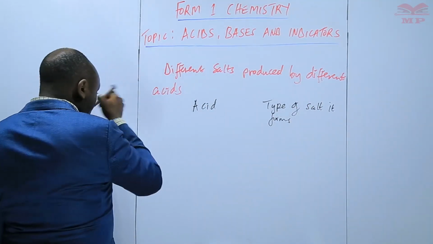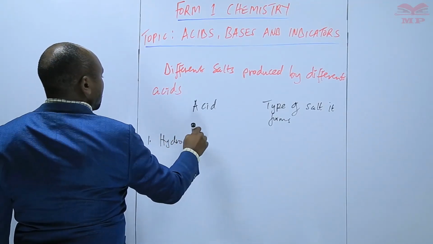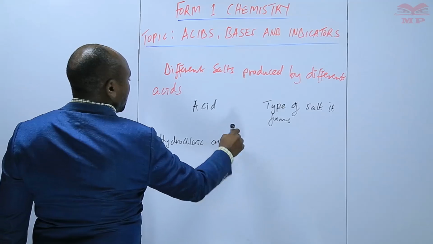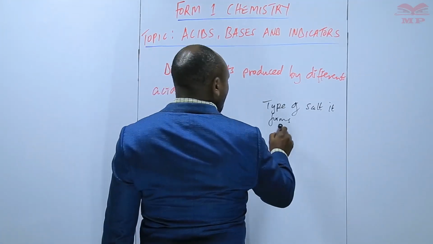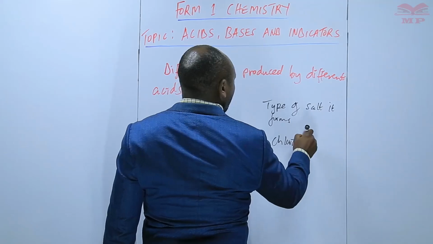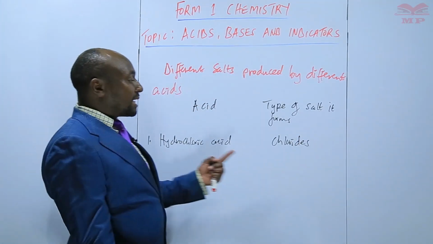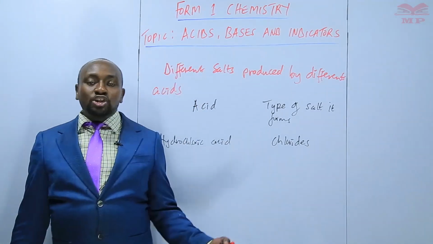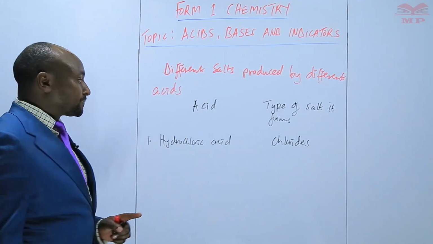For example, if it is hydrochloric acid, then the type of salt that it forms is chlorides. So something like sodium chloride, magnesium chloride, calcium chloride, they are obtained from hydrochloric acid.